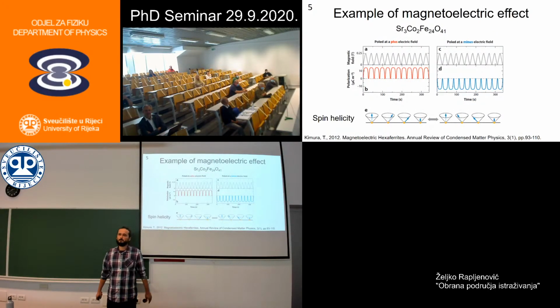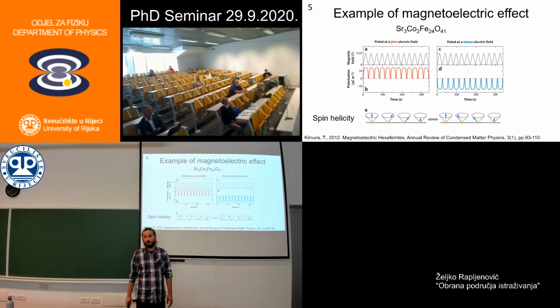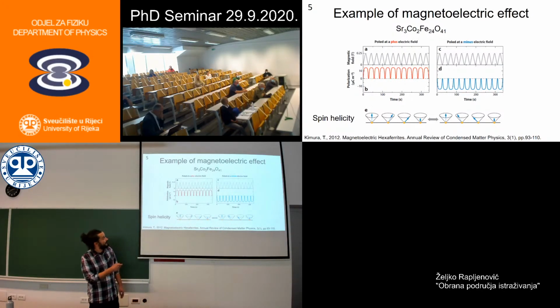So here is an example of why the interest in this material is growing, because of their potential magnetoelectric effect. Here is an example in Z-type hexaferrite with strontium, cobalt, iron, and oxygen.